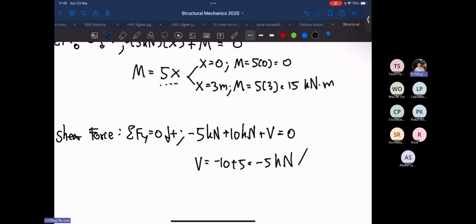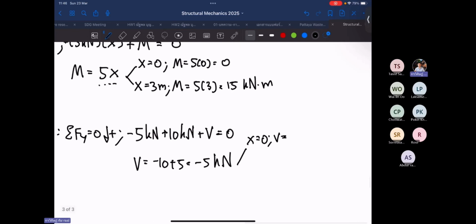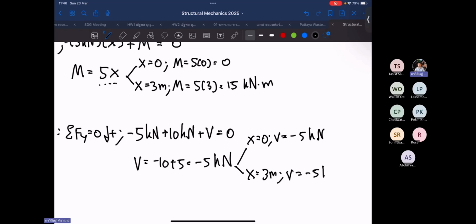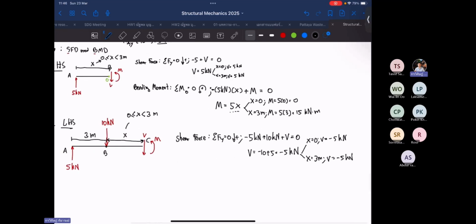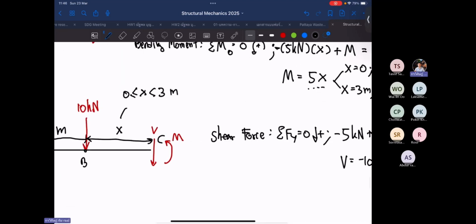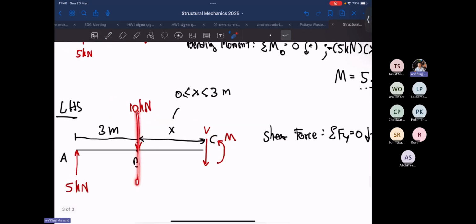If x equal to 0, this V equal to minus 5 kilonewton. If x equal to 3 meter, this V equal to minus 5 kilonewton. It's not changed with x. So our x is from this part, starting from the half of the beam.